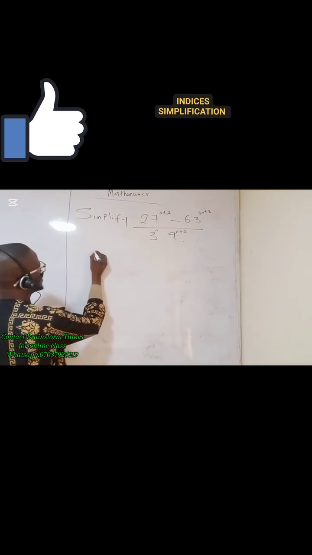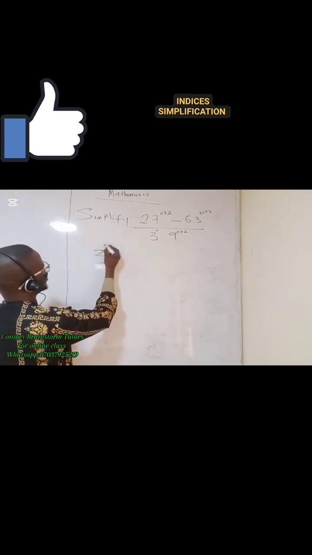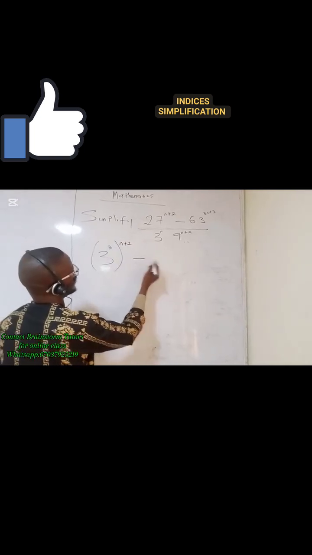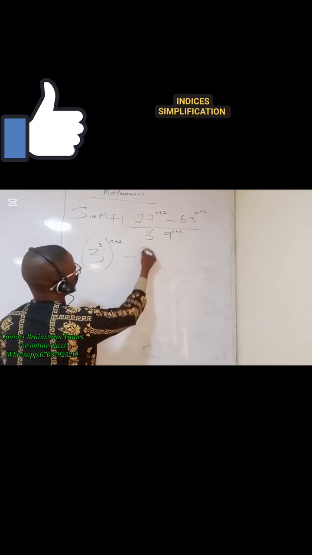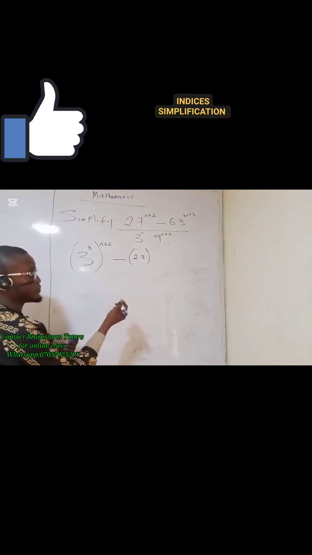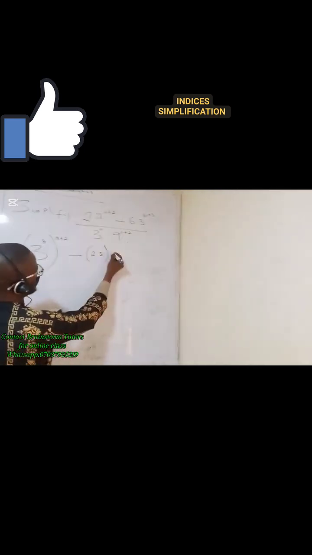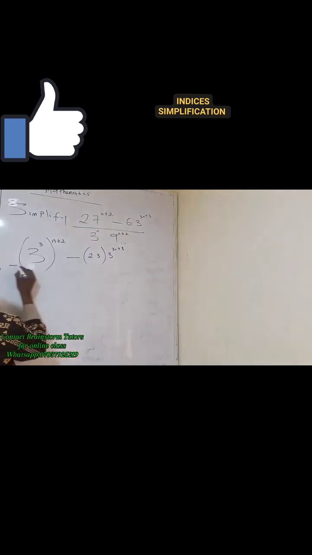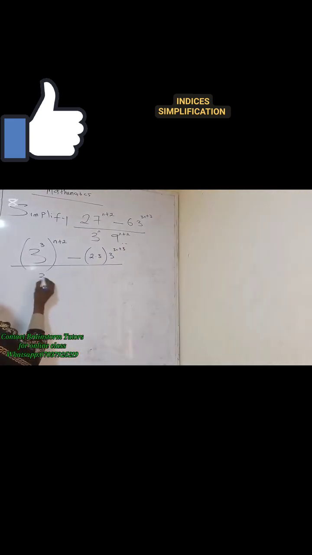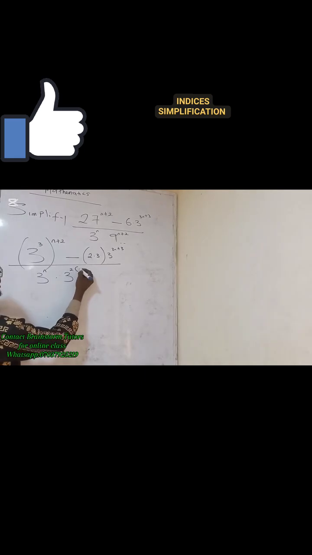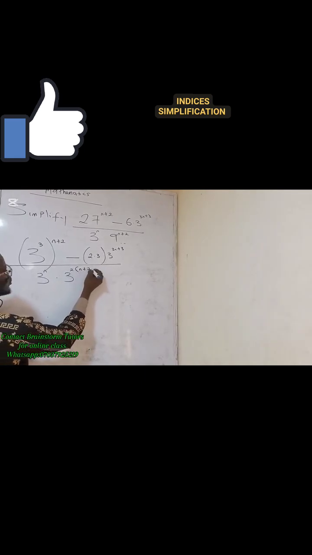We all believe that 27 can be written as 3 raised to power 3, or 3 raised to power n plus 2. I can also write 6 as 2 dot 3. Remember, my dot simply means multiplication. Then I have 3 raised to power 3n plus 3, over 3 raised to power n dot 3 raised to power 2 into brackets n plus 2.